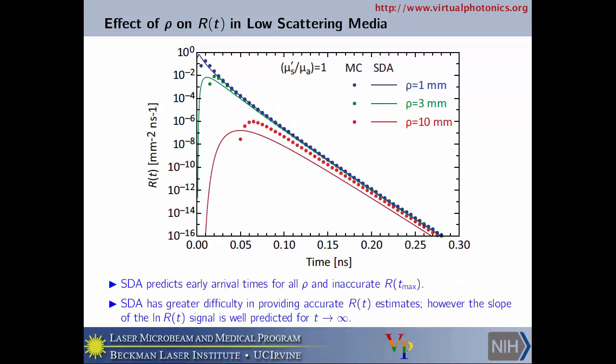You can see similar things for highly absorbing media. The basic shape is the same. You don't see as much difference between source detector separations as far as intensity, but I want to emphasize the huge dynamic range in the signal.